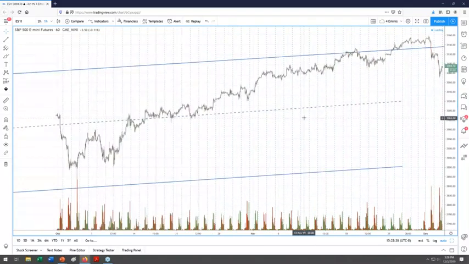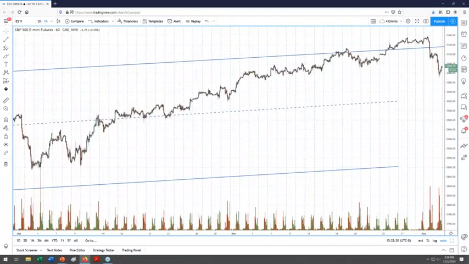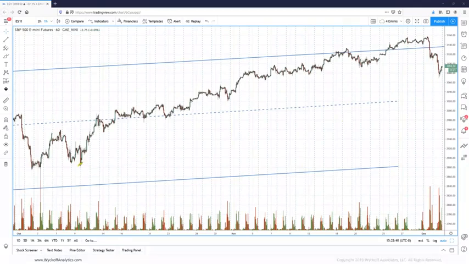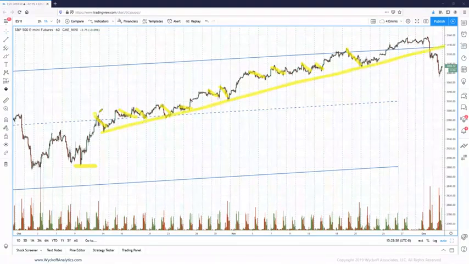And the way to look at this is, again, you want to look at the reactions from the beginning of the rally. You want to look at the quality of the reactions, the texture. What is it about this texture that allows the trend to continue?